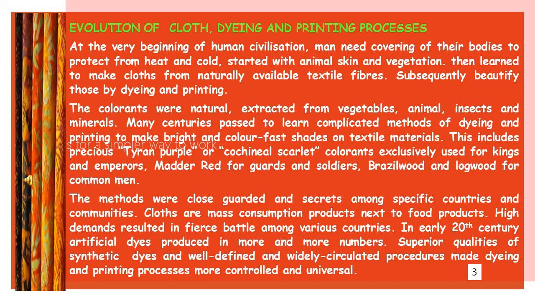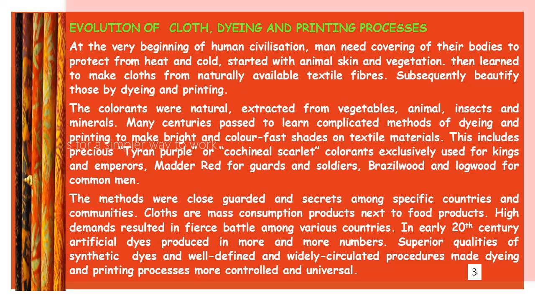These include precious Tyrian purple or cochineal scarlet colorant exclusively used for kings and emperors, madder red for guards and soldiers, brazilwood and logwood for common men. The methods were closely guarded and secret among specific countries and communities.